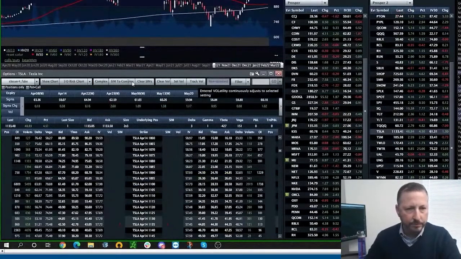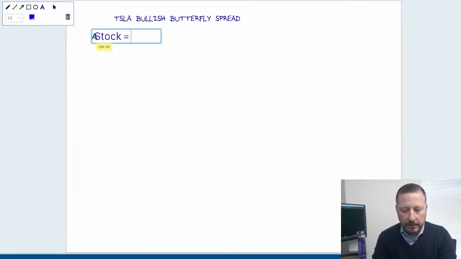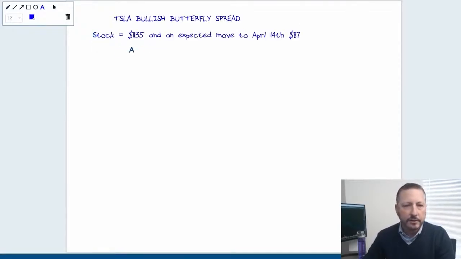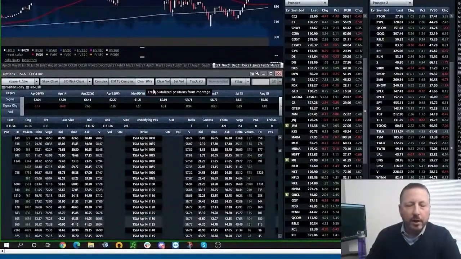So with the stock at 1135 and an expected move to April 14th of roughly $87, we are going to target 1220.